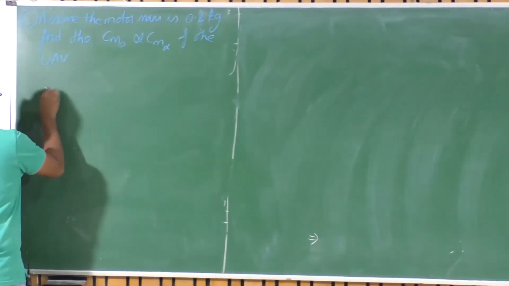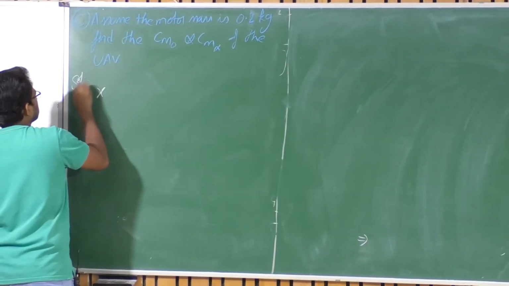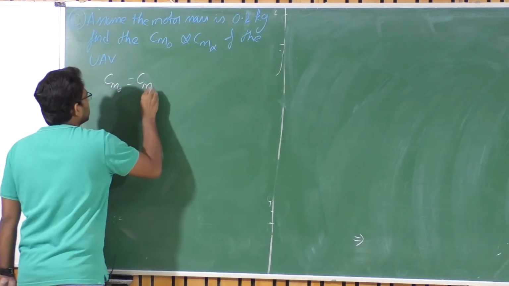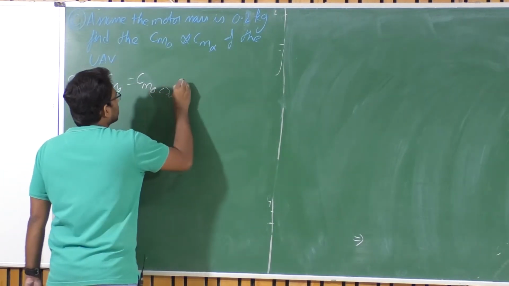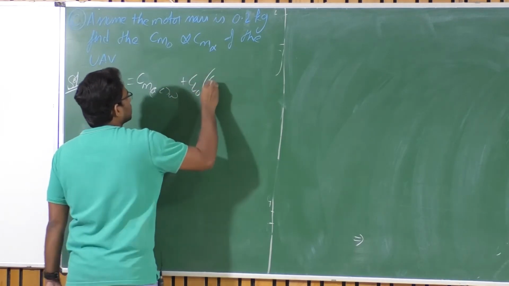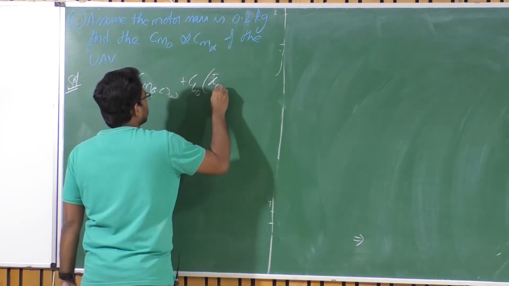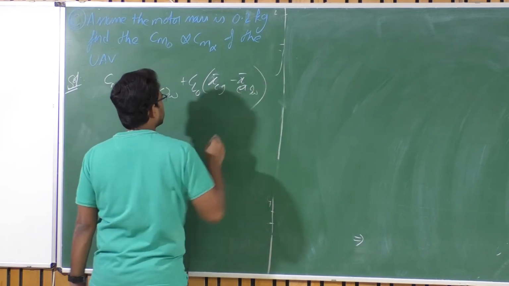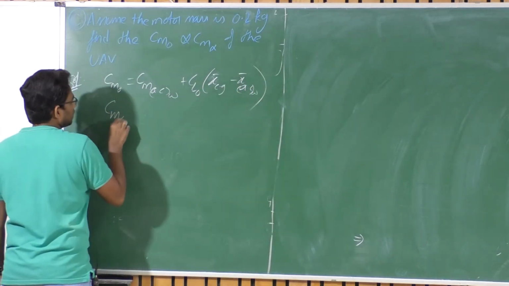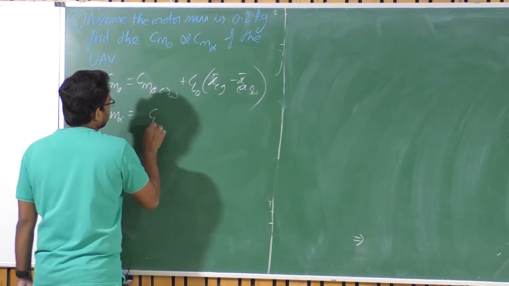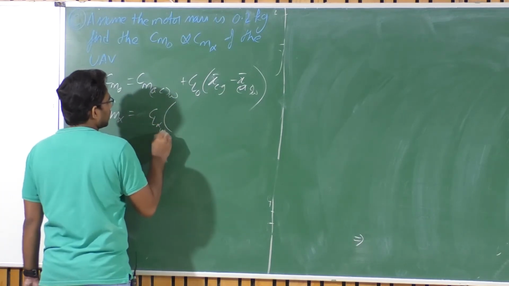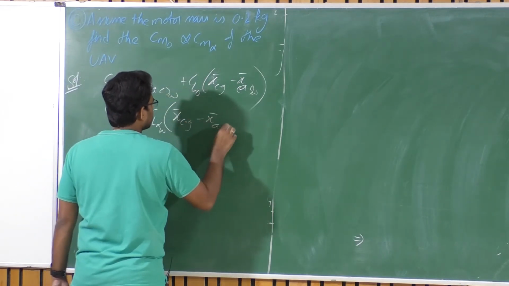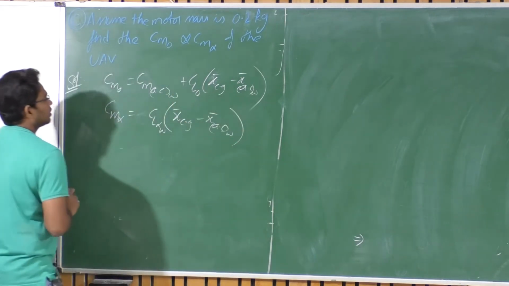So the solution: we know Cm naught is Cm AC of the wing plus CL naught of the wing times x bar CG minus x bar AC of the wing. This is with respect to the leading edge of the root chord, and similarly Cm alpha is minus CL alpha of the wing times x bar CG minus x bar AC of the wing.